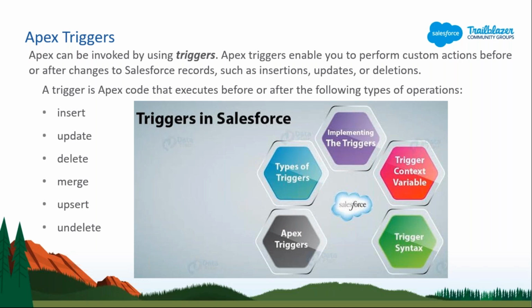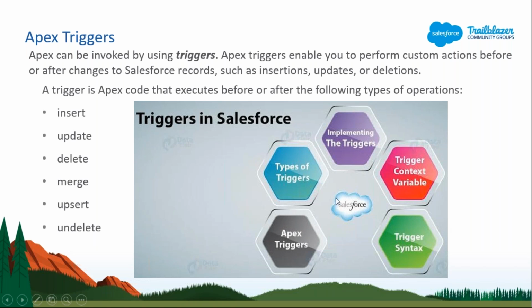Based on the DML statement like insert, update, or delete, we can update other records, insert some records, or perform any kind of action before or after any record insertion or updation. So a trigger can be performed on these actions: insert, update, delete, merge, upsert, and undelete.